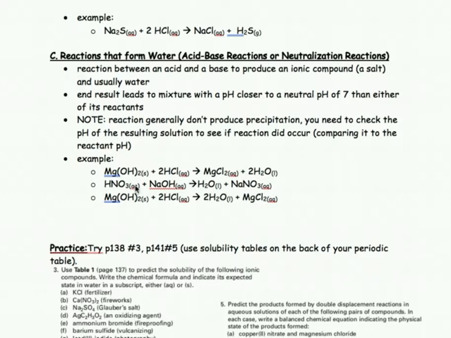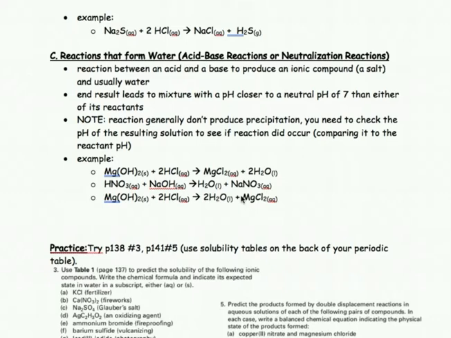So again, we're going to study these in more detail, and analyze things like the pH. But there's no precipitate formed, so we can't really analyze too much with these reactions, because you mix them together and it still looks like two colorless liquids mixed together.